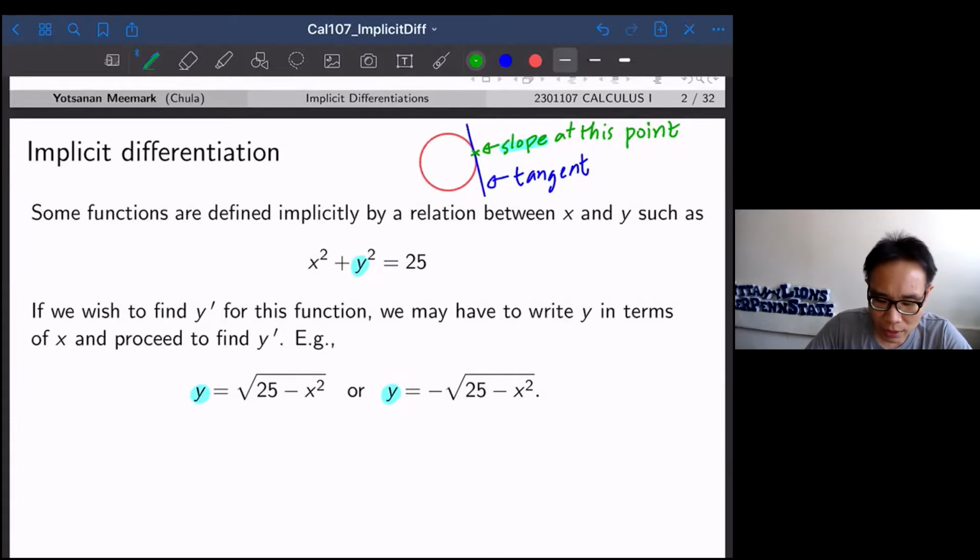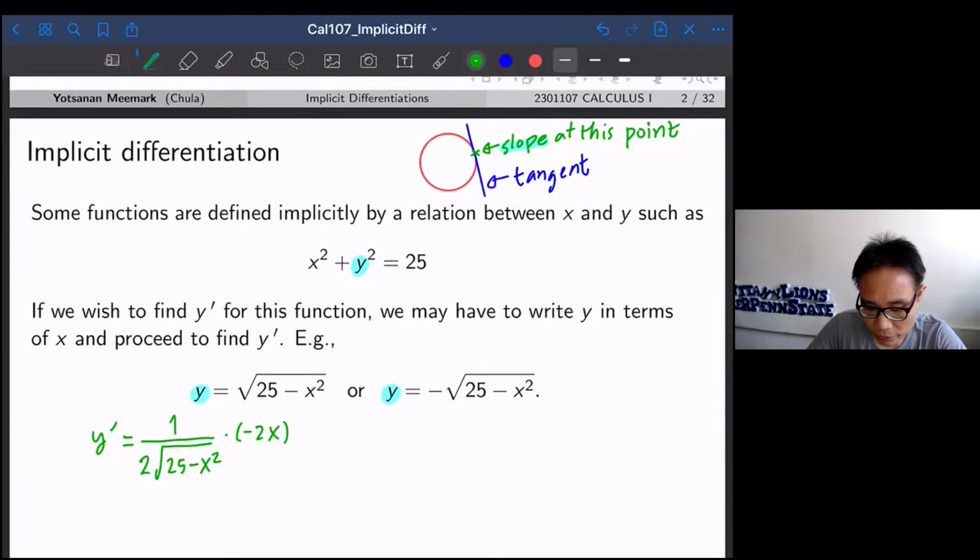In this case, you're just gonna differentiate this. So you're gonna get y prime equal to, you differentiate square root of 25 minus x squared, so it's gonna be 1 over 2 square root 25 minus x squared, and you differentiate 25 minus x squared, so it's gonna be negative 2x.